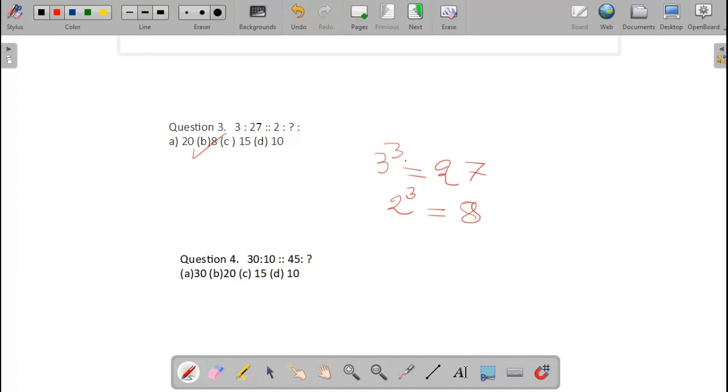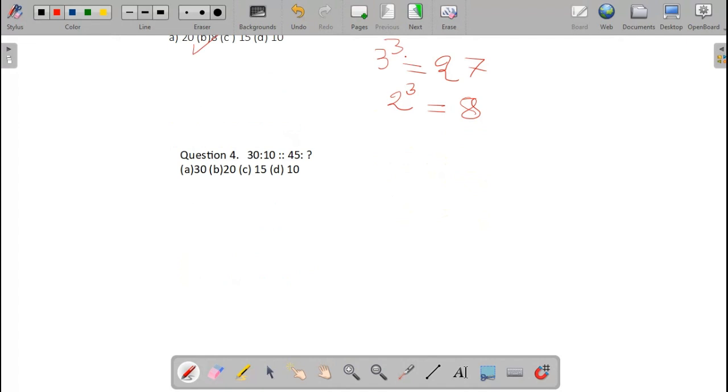Now next question. 30 is to 10 and 45 is to what? We can see 30 by 10 is equal to 3. Now 45 by 3 equal to 15. Is 15 available here?